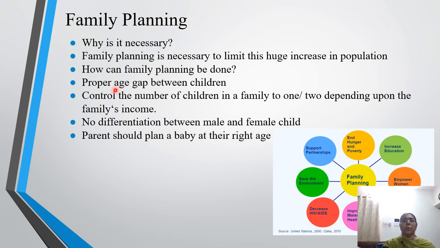There should not be any gender bias, no differentiation between a male child and a female child. And the parents should plan a baby at their right age, which will support the baby to grow in a healthy manner.